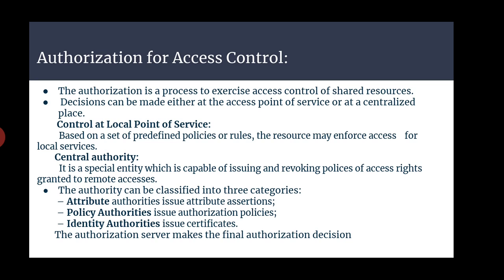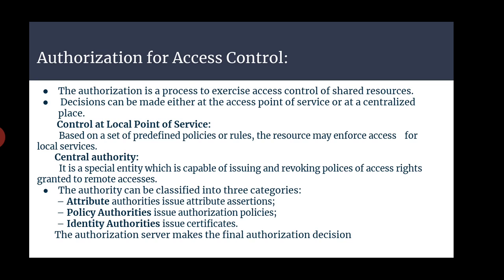The first one is attribute authorities, the second one is policy authorities, and the third one is identity authorities. Attribute authorities issue attribute assertions, only attribute assertions. Policy authorities issue authorization policies.